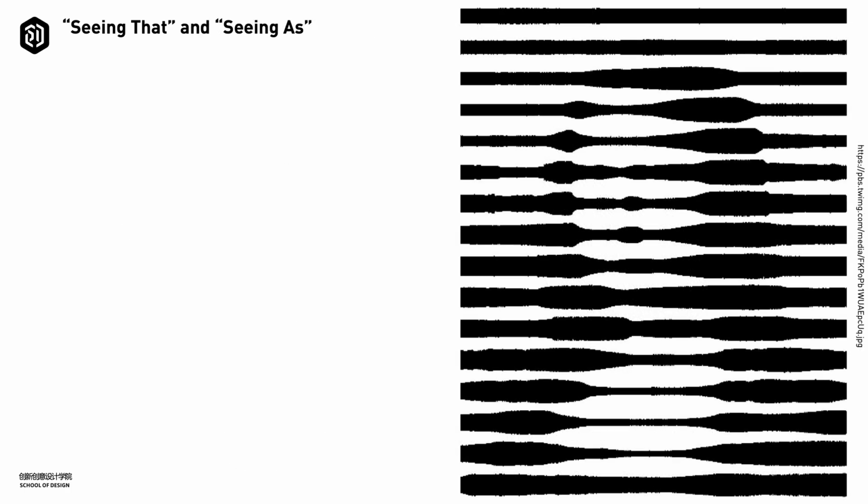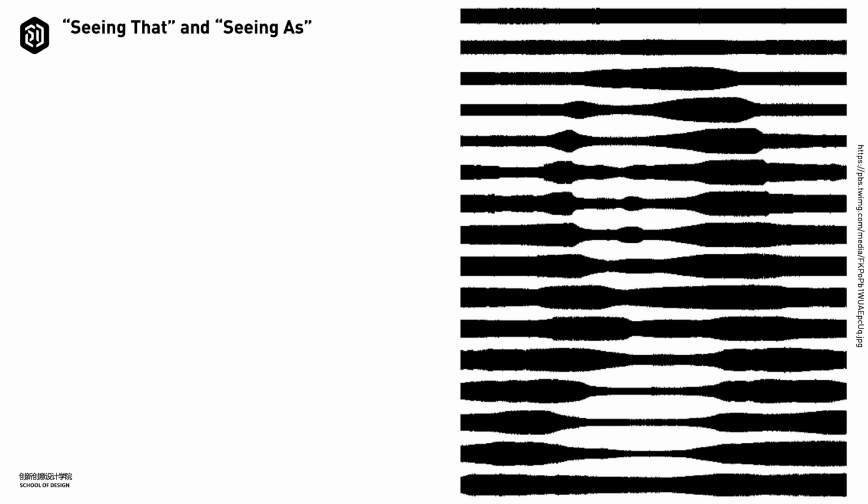You could say in this example, we all see that there are stripes, but we can choose to see those stripes as the Mona Lisa. That's the difference between seeing as and seeing that. And all designers know this. A lot of our creativity comes from our very childlike capability to see things as.